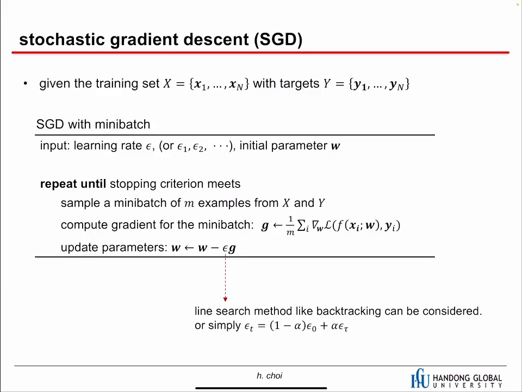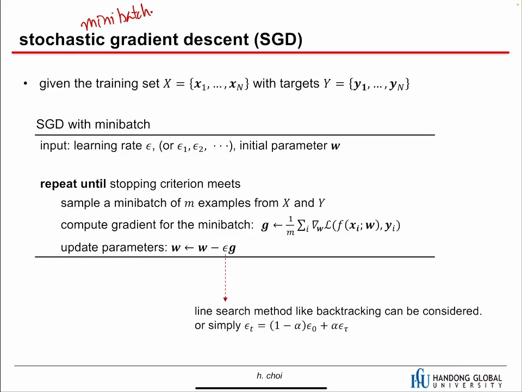Okay, now we are ready to talk about specific learning algorithms. The first one is stochastic gradient descent. The name is simple, but in this case we use a mini batch. It means we don't have any other sophisticated tricks here.